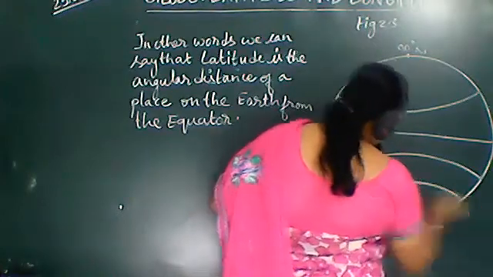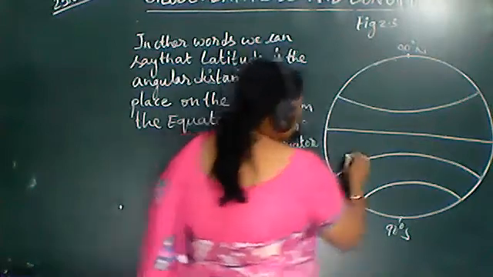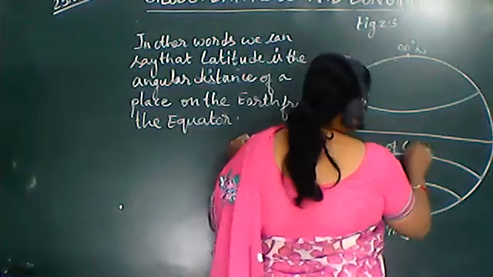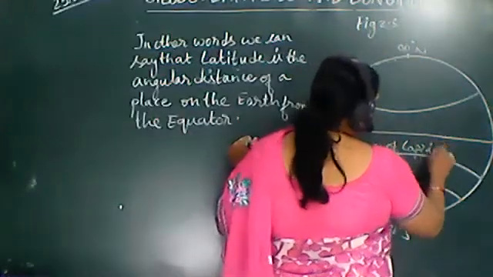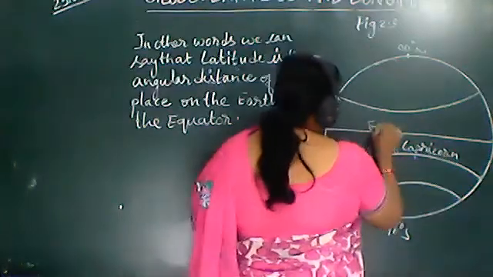As you go through, you will see this is 23.5 degree south, the Tropic of Capricorn. This is the equator.